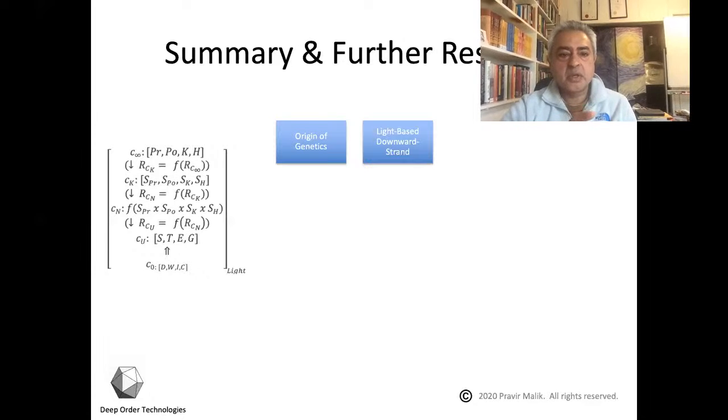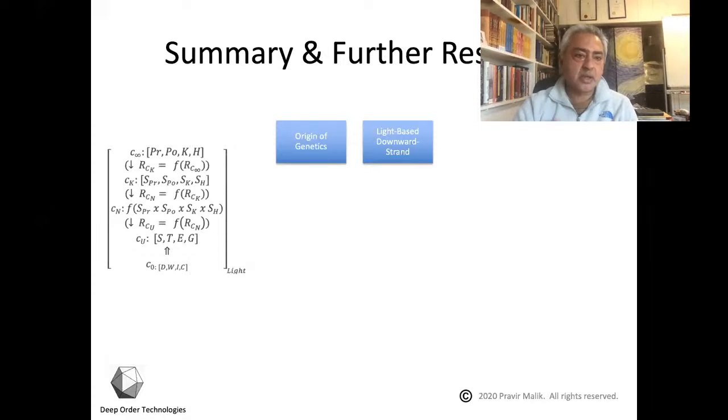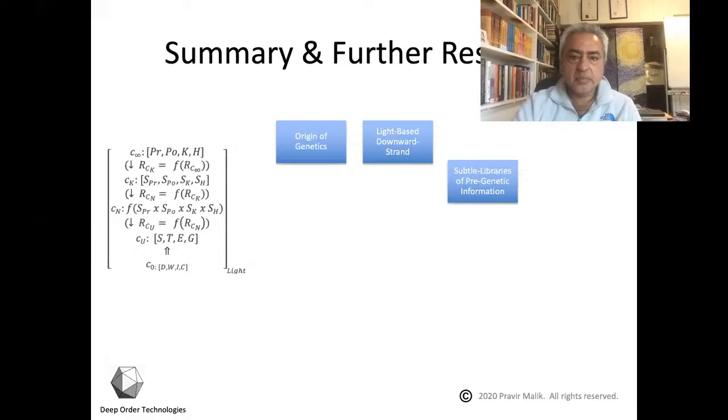Now, similarly, when we look at this precipitation, then in a sense, it sheds insight into this light-based downward strand. And we know that then what's occurring or shows itself in time is nothing other than a result of this downward strand. And that gives us insight into this symmetrical upward strand that happens in a reverse way.